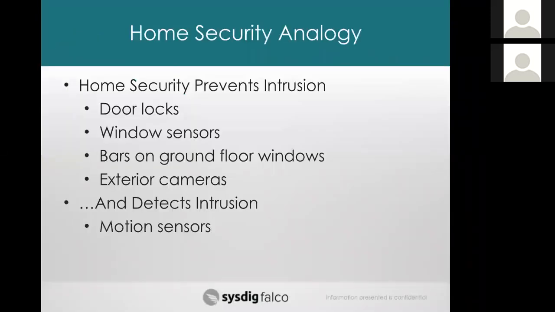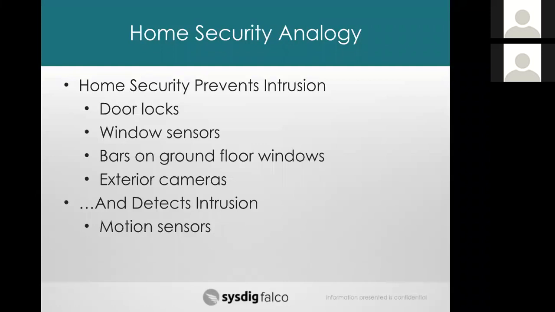So let's start with an analogy based on home security. If you think about the components of a home security system, there's a lot of pieces designed to prevent somebody from getting into your house: door locks, sensors on the windows, bars on the ground floor windows, cameras, and so forth. The goal of all those things is to prevent somebody from getting in.